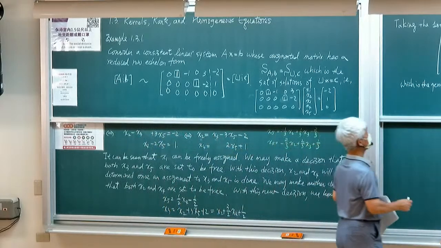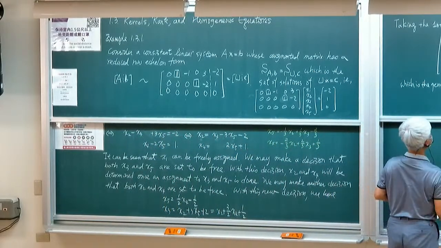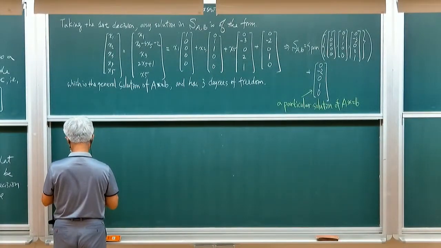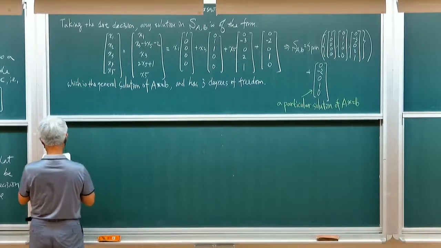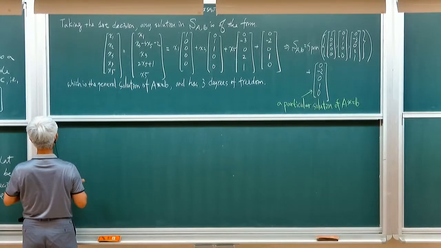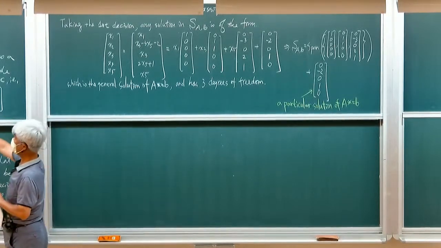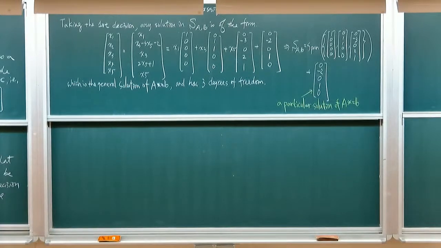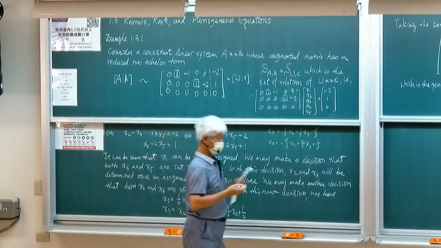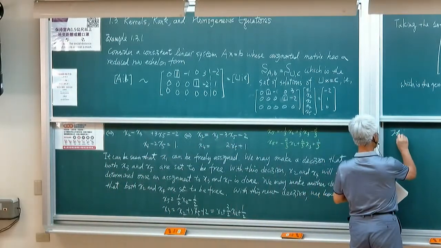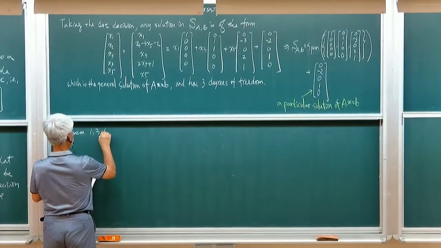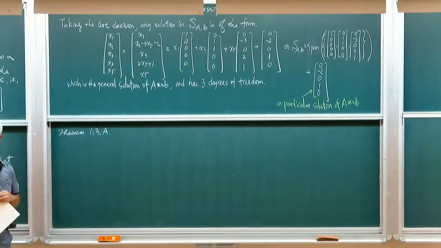Okay, so now this is the observation we observe from this simple example. Now we can extend this observation into a theorem, so it's generic.